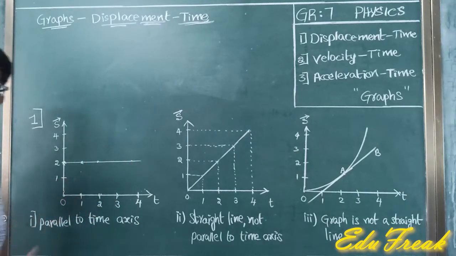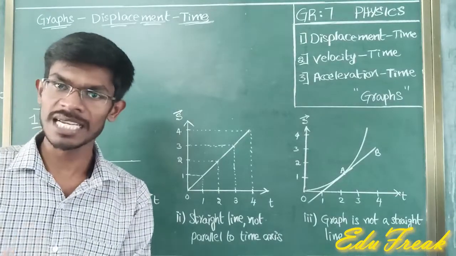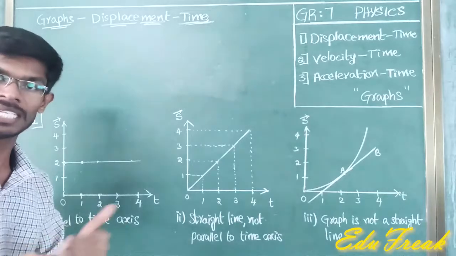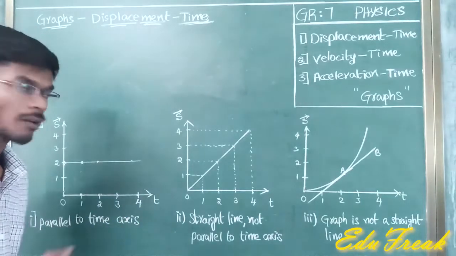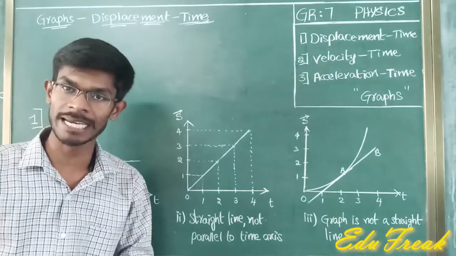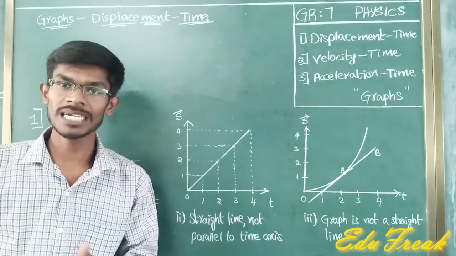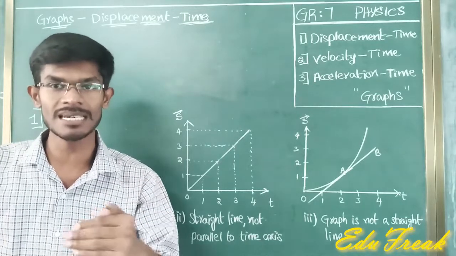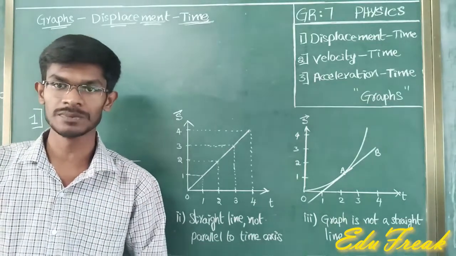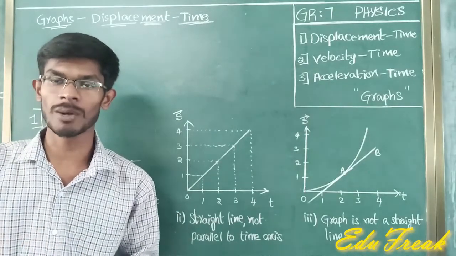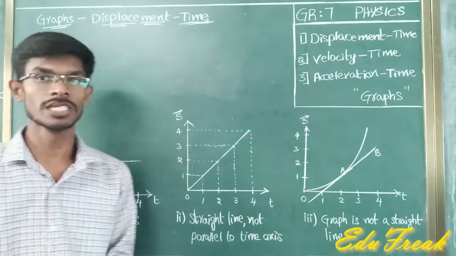So what does this represent? As the time is changing, 1 second, 2 seconds, 3 seconds, 4 seconds, what happens to the displacement? Is the displacement changing with respect to the time? No, right? If the displacement is not changing with respect to the time, then the displacement covered by the object is equal to 0.